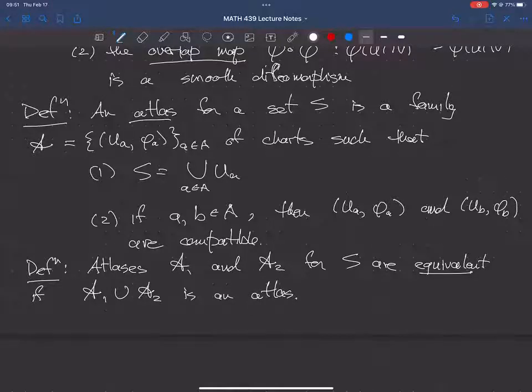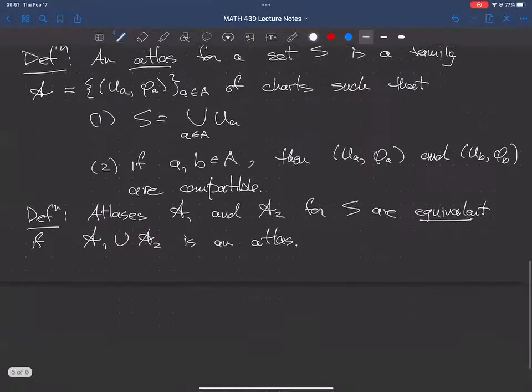If you parse that simple expression, it says exactly what we need to be the case, which is that charts from here are compatible with charts from here.